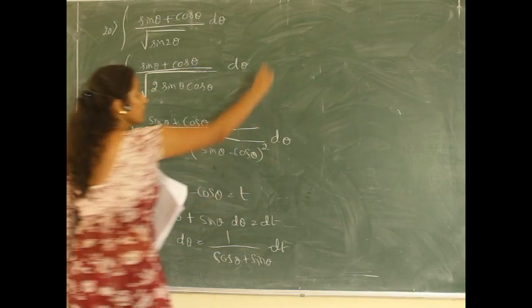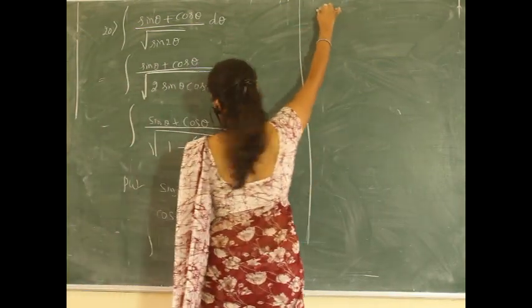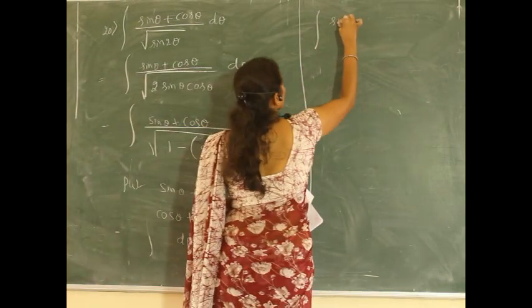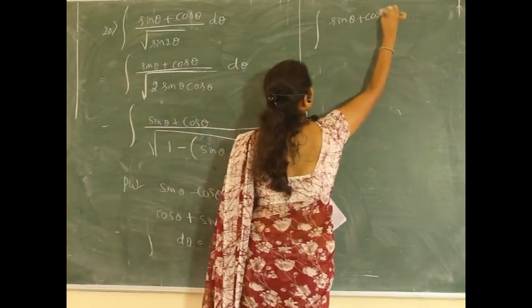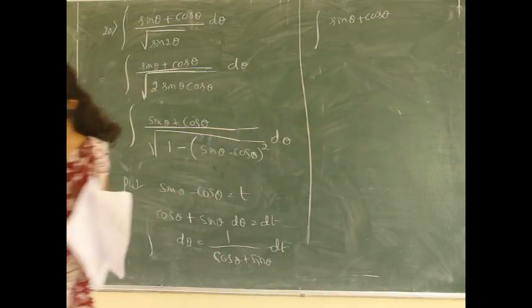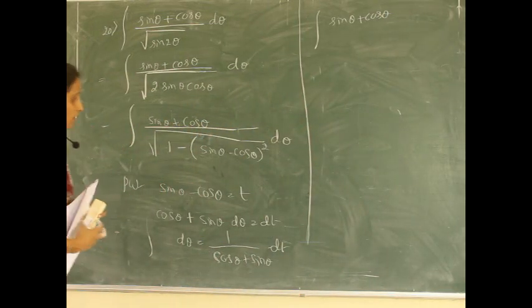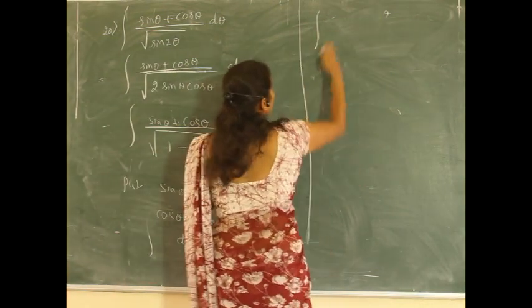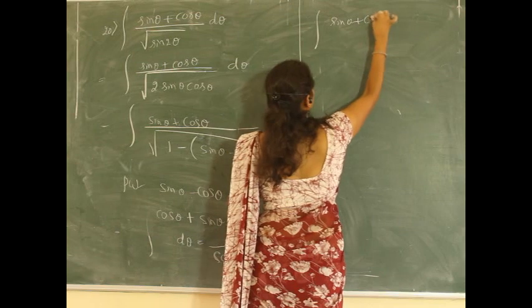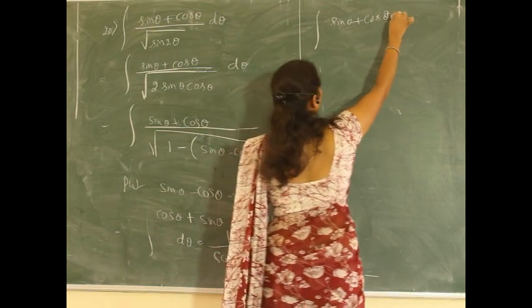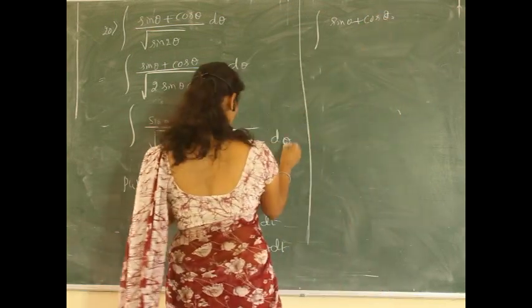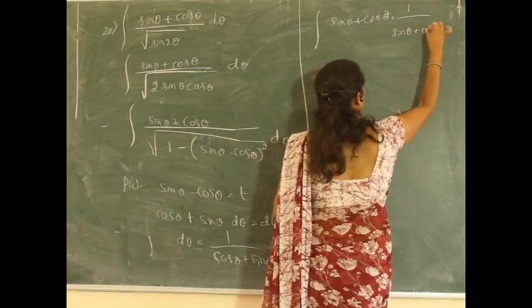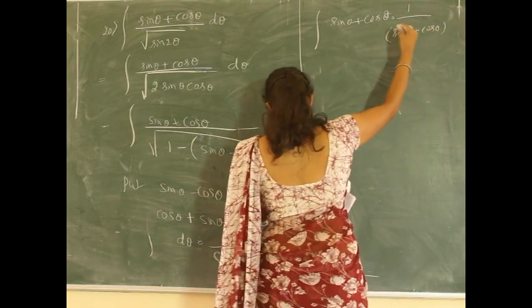Substitute that value in the given integral: sin theta plus cos theta as it is, and d theta will be 1 by sin theta plus cos theta into dt.